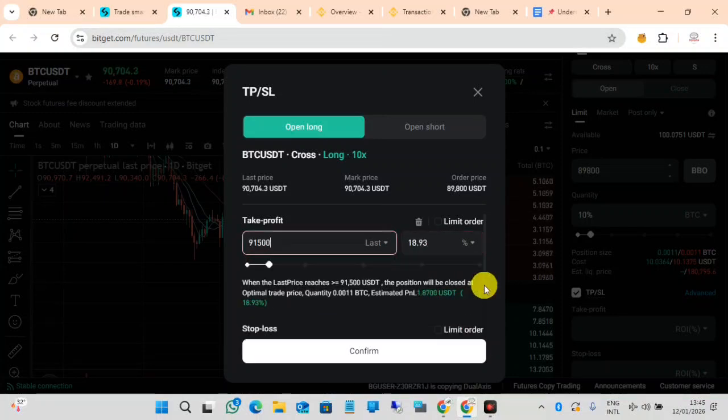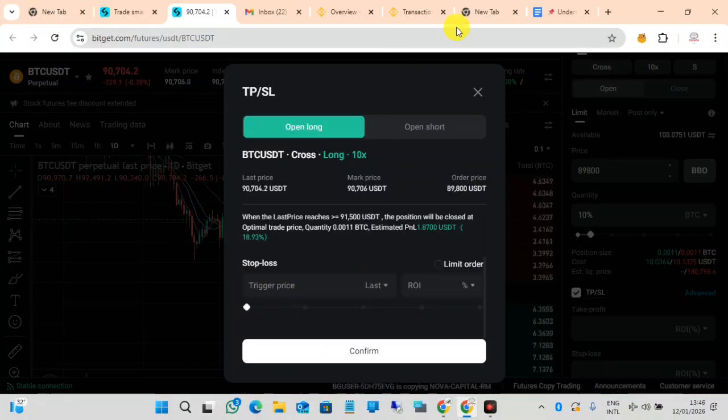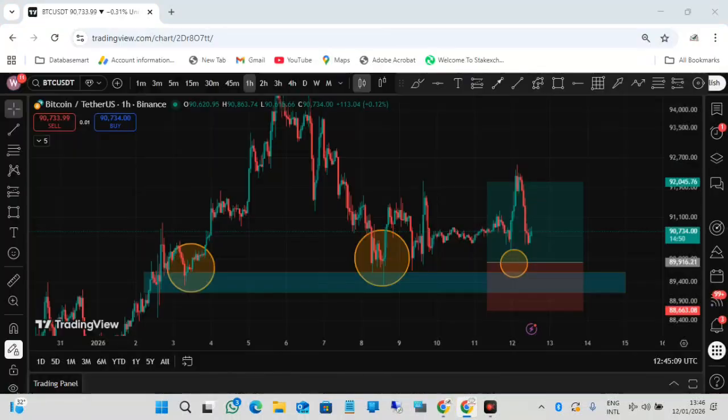Can you see? 91,500. That is the take profit, and I want to enter at 89,800. Then my stop loss, let me go and check it again here. My stop loss is around 88,600.